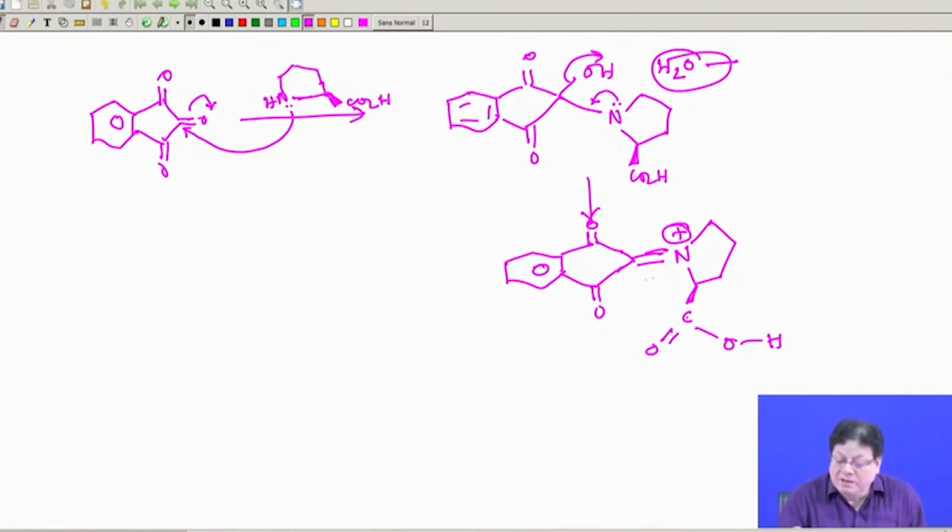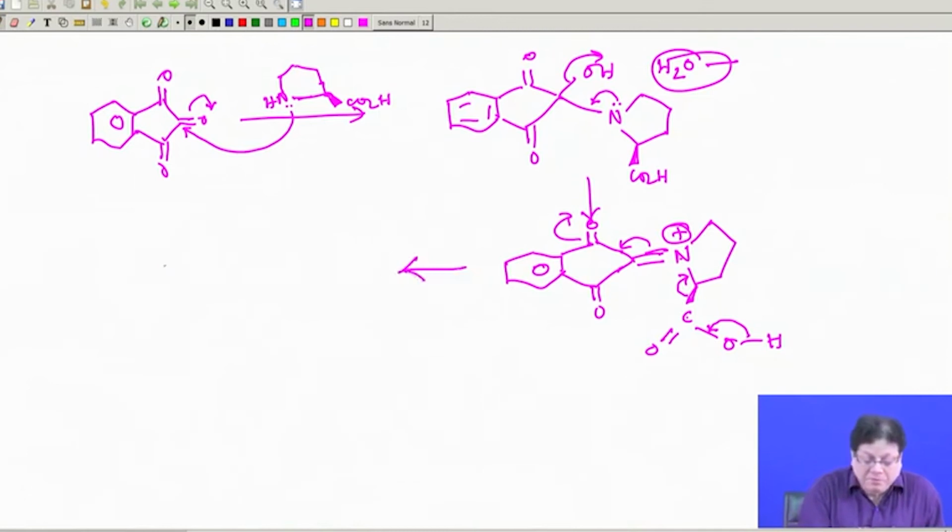But still there is electron withdrawing to carbonyl groups, and this is present at the beta position. So, this double bond is under tremendous stress, being linked to a positively charged nitrogen and also to electron withdrawing carbonyl groups. So, there is now scope for decarboxylation like the previous cases, and you have this relay process of electron shift, and that gives you the decarboxylation of proline.